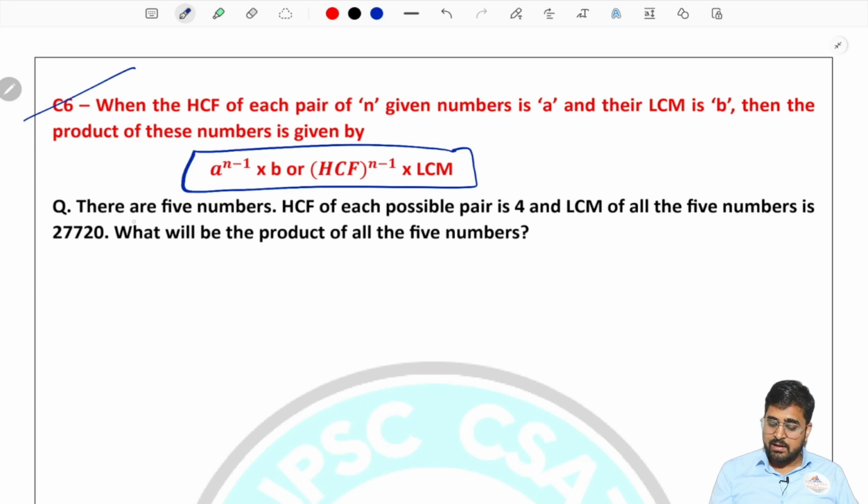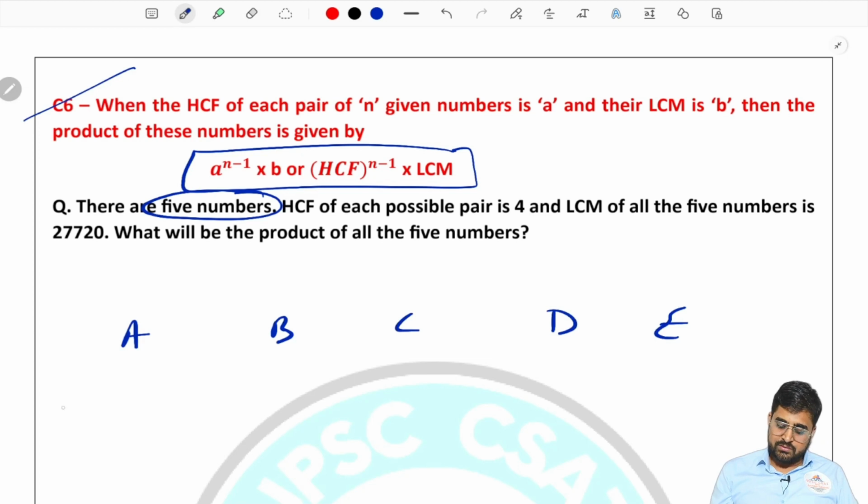The question says there are five numbers. What are the numbers? I have no idea. Five numbers can be A, B, C, D, and E. Let's try to keep things simple.